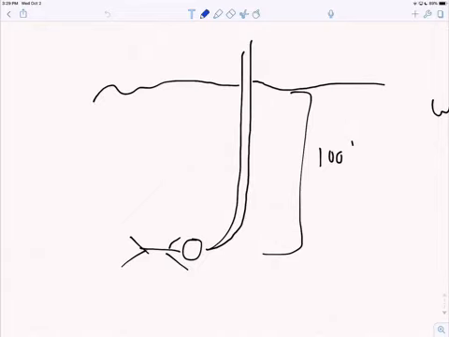100 feet of water. At sea level, there is 1 atmosphere of pressure. 33 feet of water equals the same thing as an atmosphere of pressure. So this 100 feet is the same thing as 3 atmospheres of pressure, which means that the person's lungs have a pressure of 4 atmospheres. Is it just a linear scale of atmosphere? What do you mean?